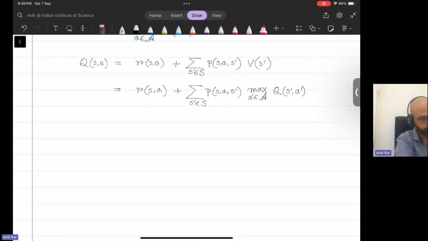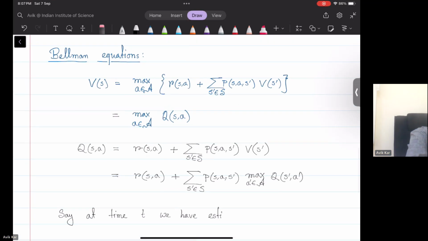Now, when we have an estimate of the Q function, say at time t, we have the estimate q hat t of q. I'm not writing gamma here, let me write that.